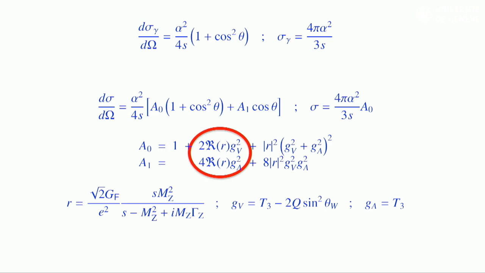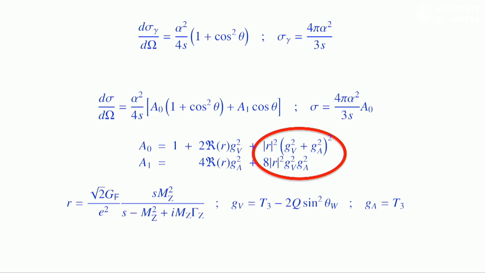The terms proportional to the real part of R are due to electroweak interference and are important in the intermediate region where neither the photon nor the Z exchange are dominant. And finally, close to the Z mass, where the terms proportional to R squared dominate, we find that the weak interaction is two orders of magnitude stronger than the electromagnetic one due to the amplification by the resonance.